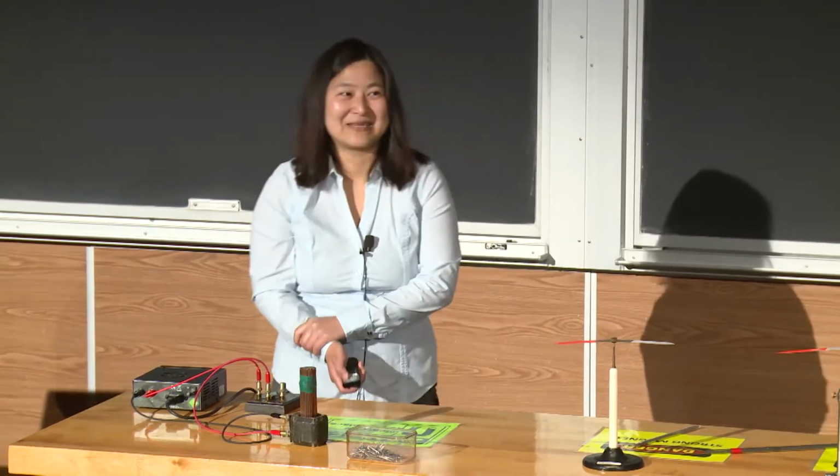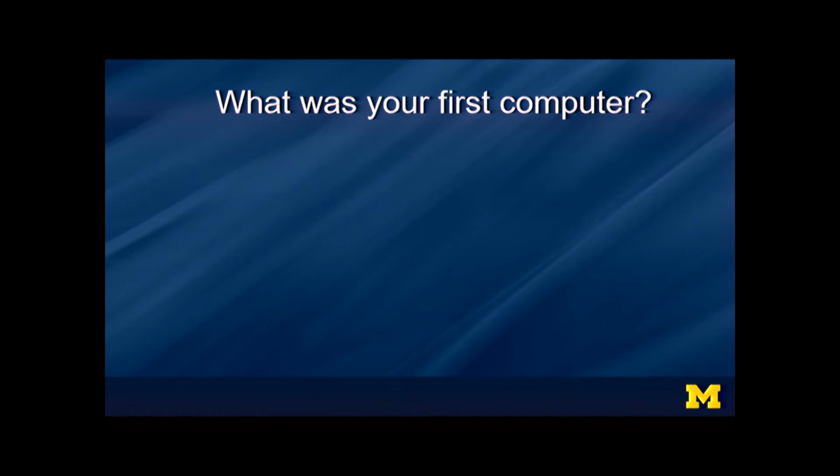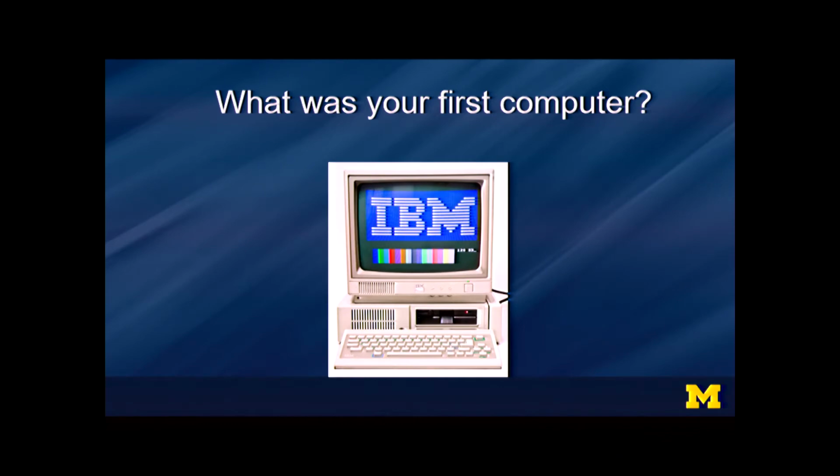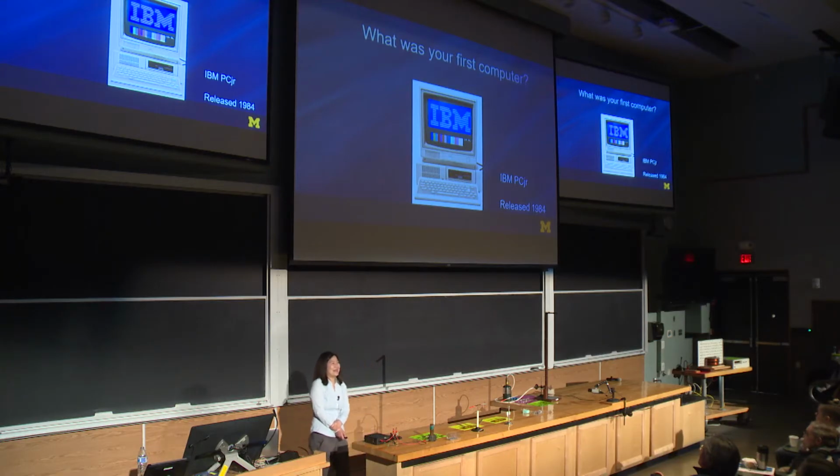When I was putting together this talk, I was thinking about what my first computer was, what was my first experience with a computer. You can take a second and remember what your first computer was. For me, it looked like this. This was in the 1980s, the IBM PC Junior. I spent a lot of time playing games on this computer.